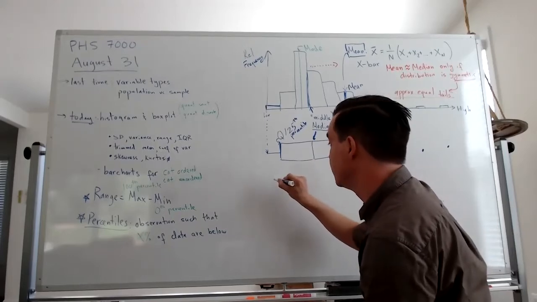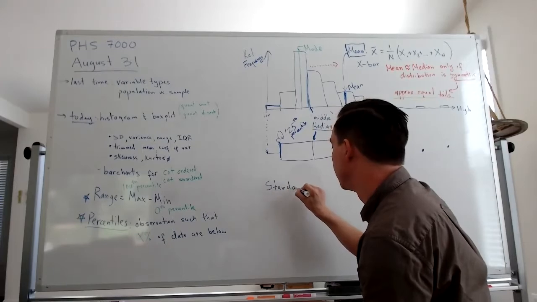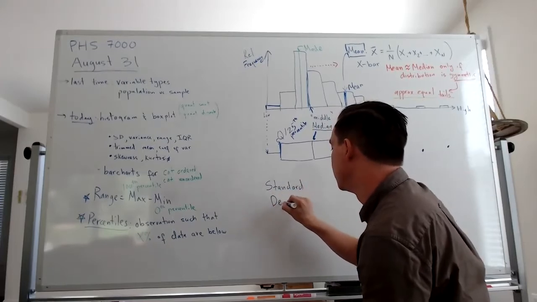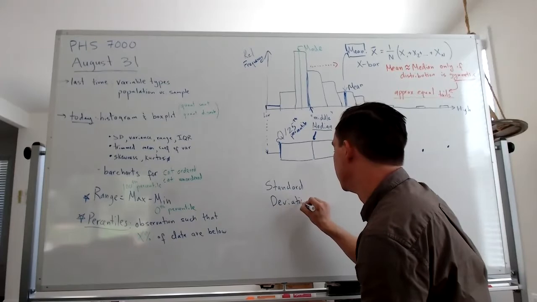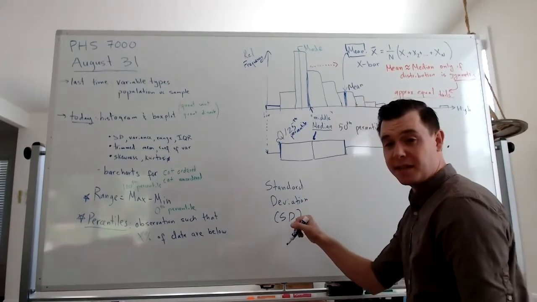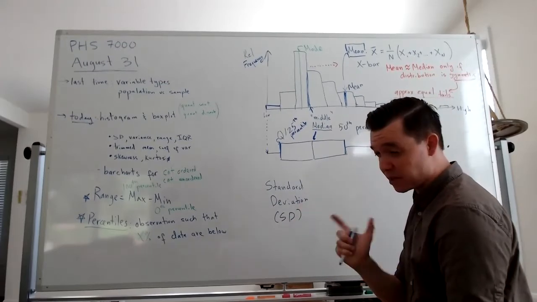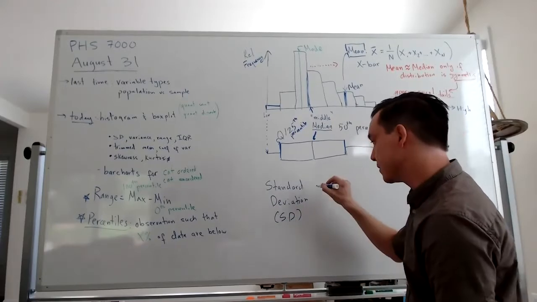So standard deviation. Sometimes it's SD. It was only invented in 1896 by Carl Pearson. So the standard deviation has been around for about 120 years only.